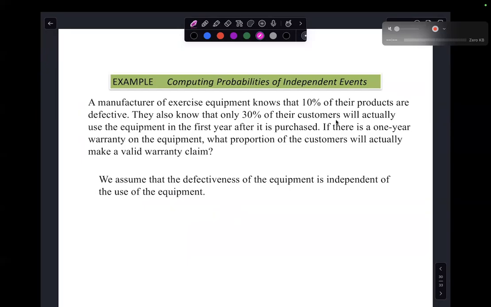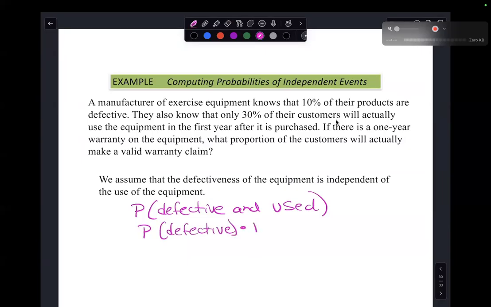So we need to look at the probability defective and used. So we're going to do the probability it's defective times the probability it is used. So 0.10 times 0.30.